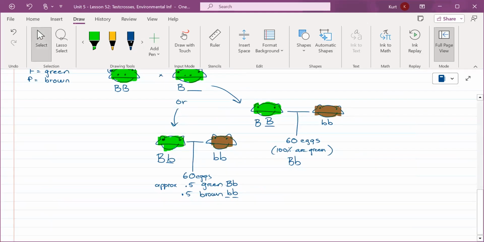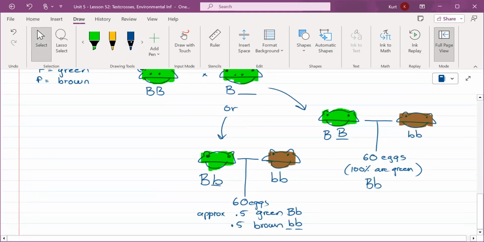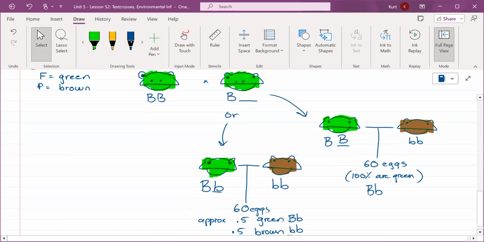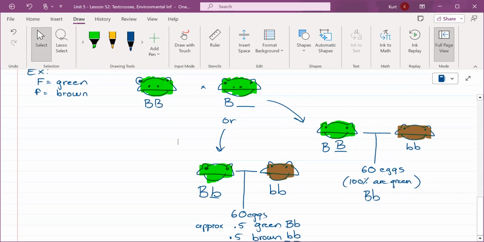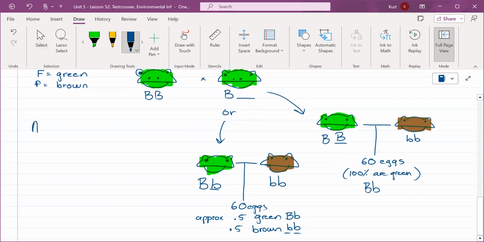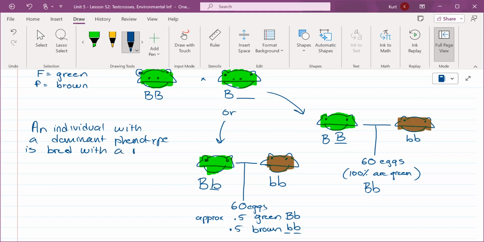This is what a test cross is all about. So, in a test cross, an individual with a dominant phenotype is bred. Bred is the past tense of breed. You don't say breeded, you say bred. A dominant phenotype is bred with a recessive phenotype.